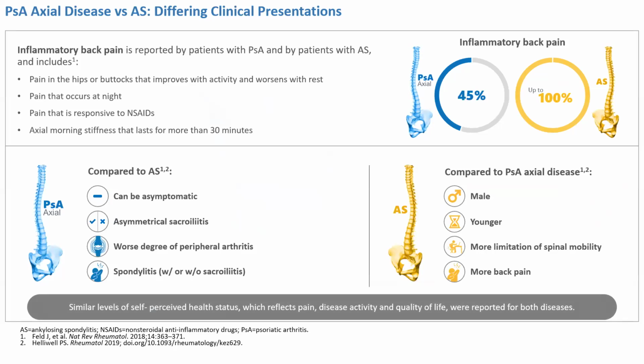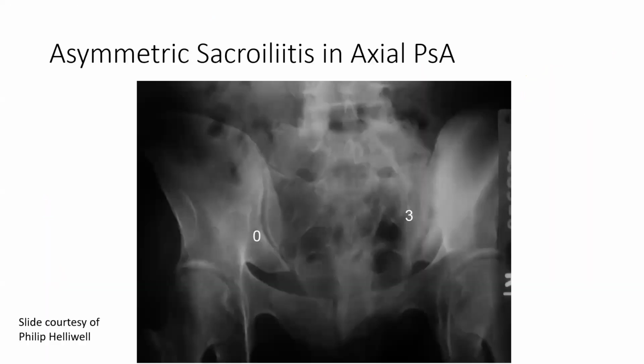And the clinical differences: the patient may not even complain of back pain, yet have evidence of it on imaging. They may only complain of pain in their neck and not in their sacroiliac joints or lower spine. So there are some key differences between the conditions clinically.